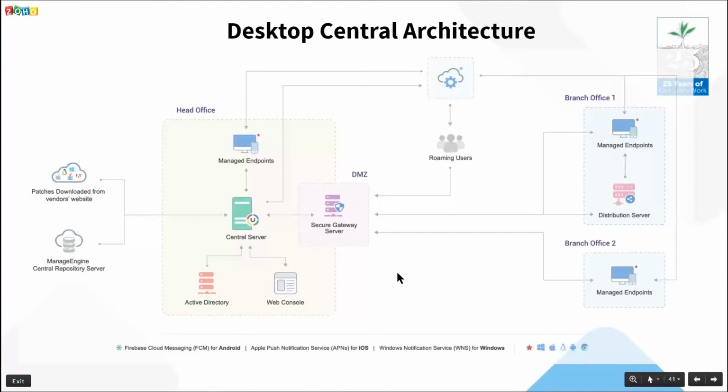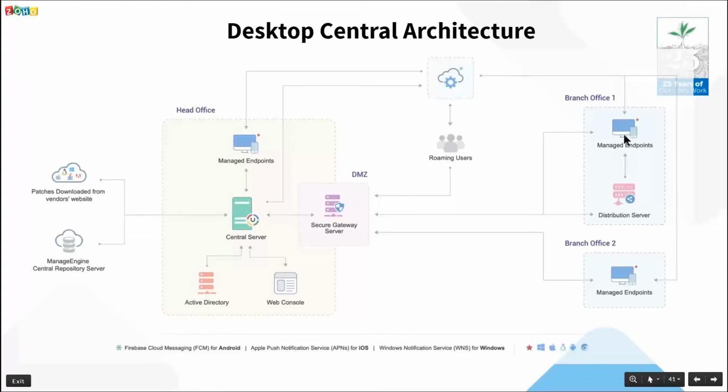These agents can connect from different locations. They can connect directly from the internet, or from a VPN or MPLS network connection. Internet users, roaming users or mobile devices connect through the secure gateway and contact the server. For remote locations, you might have remote offices with distribution servers as well.